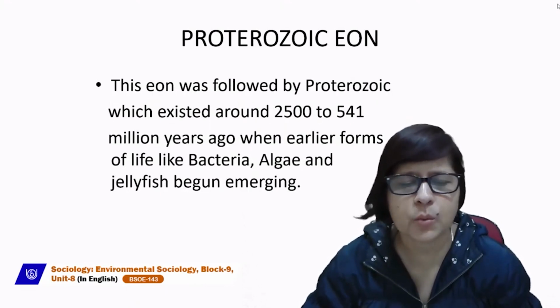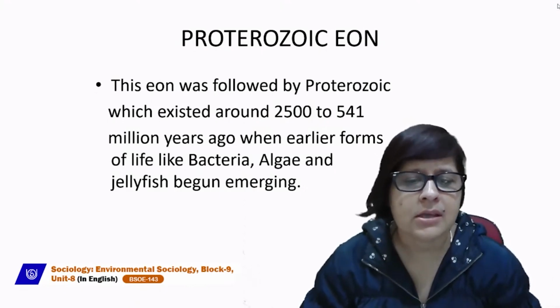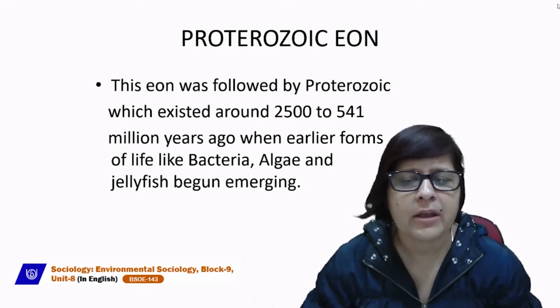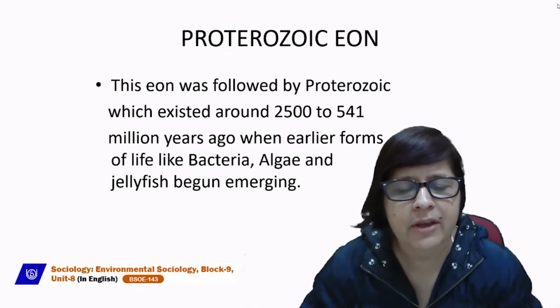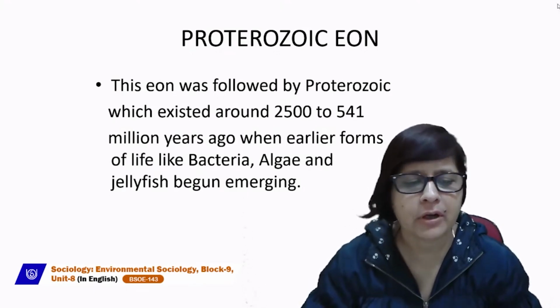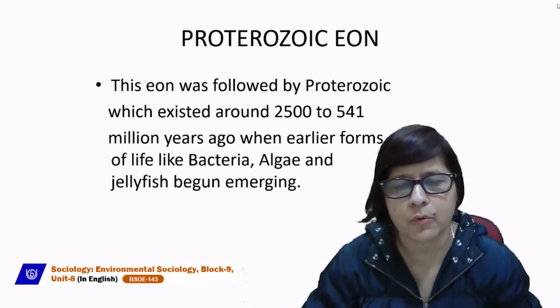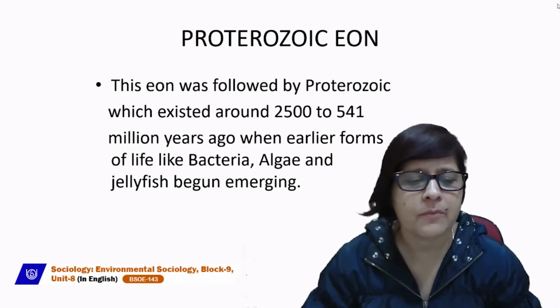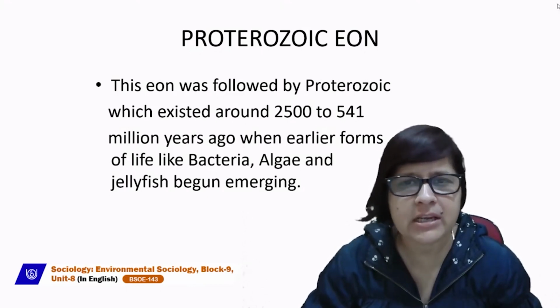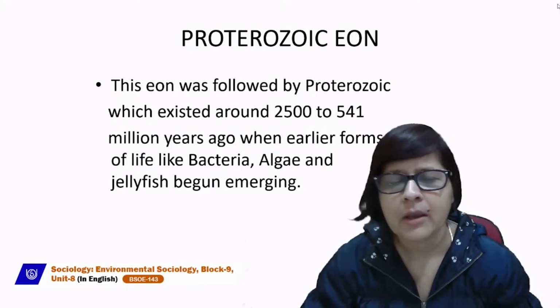What is the Proterozoic eon? This eon was followed by the Proterozoic, which existed around 2500 to 541 million years ago, when earlier forms of life like bacteria, algae, and jellyfish began emerging.